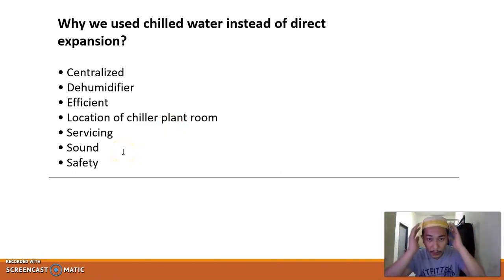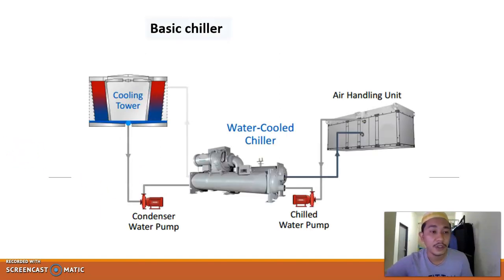We are using a centralized chill water system instead of direct expansion also because of the servicing, which is different from the servicing for a split unit system. This is the basic chiller schematic diagram, for example a water cooled chiller.